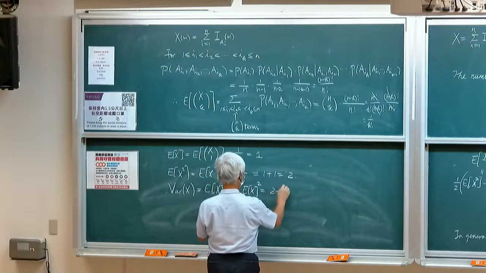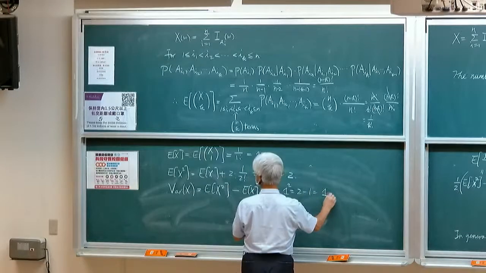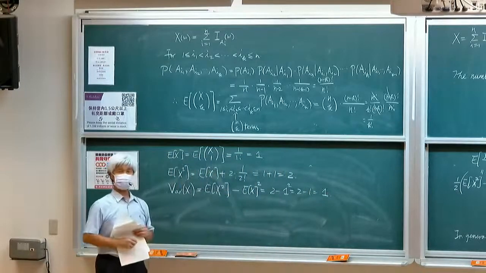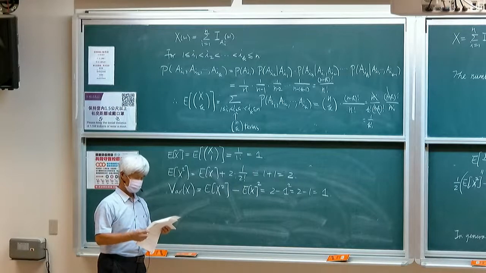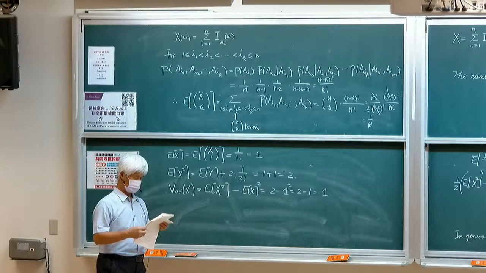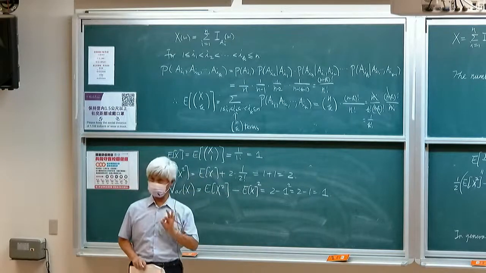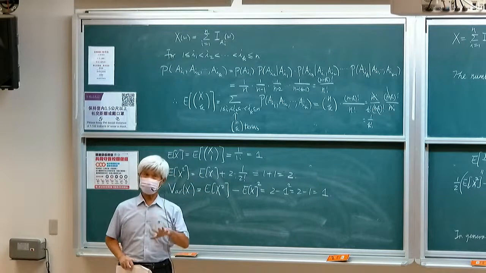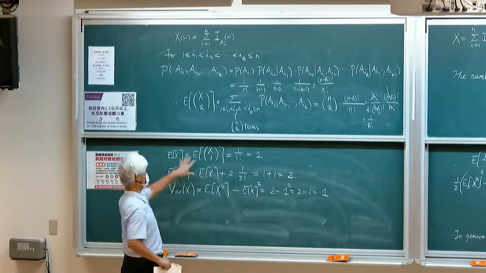So this is 2 minus 1 squared, 2 minus 1 is 1. So the variance is also 1. And this number is also independent of the number of guests n. n may be very big, but the variance is also 1. The mean is also 1.